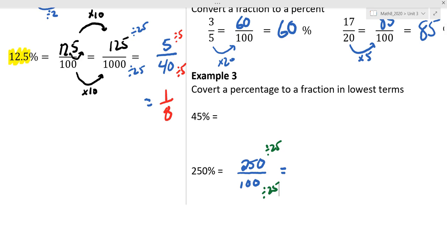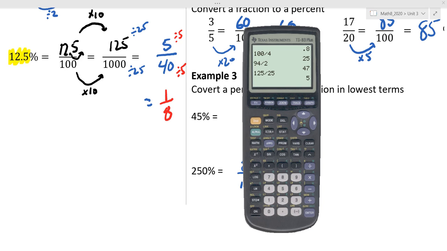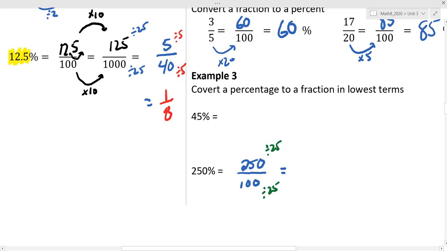Let's go, 250 divided by 50 is 5, and 100 divided by 50 is 2, so that's 5 over 2. Okay? All right.